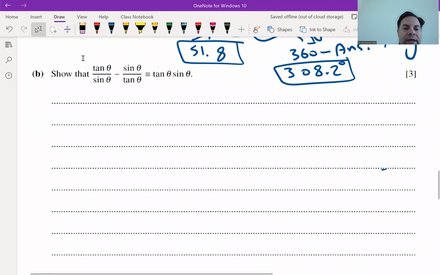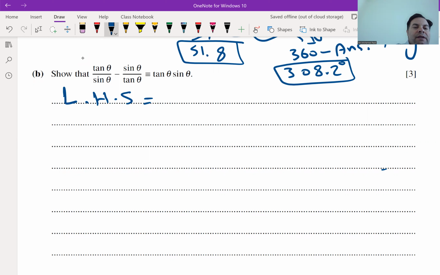Part B, show that tan theta over sine theta minus sine theta over tan theta is equal to tan theta sine theta. Let's start to prove this identity with the left-hand side. Tan theta is equal to sine over cosine.